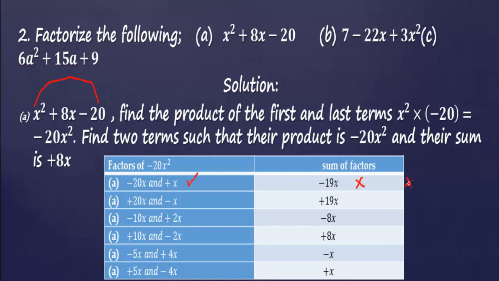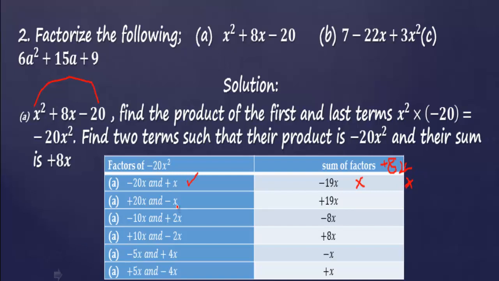Are you seeing it now? What can you suggest again that will give you minus 20x squared and then plus 8x? I think you are getting this gradually. Now let's say plus 20x and minus x.